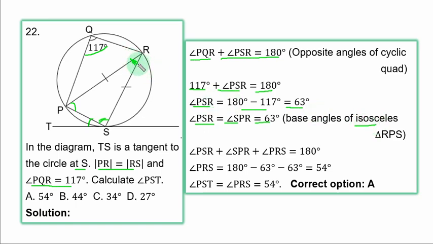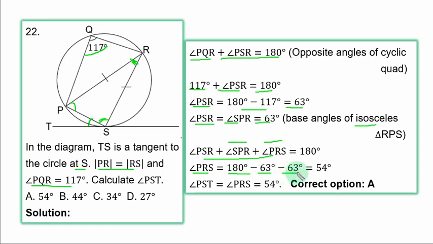So if we add the 3 angles in triangle PRS, the sum is 180 in this form. Already you know this and you know this as well. So if you transfer the two to the right hand side, you have angle PRS equal to 180 degrees minus 63 degrees minus 63 degrees.